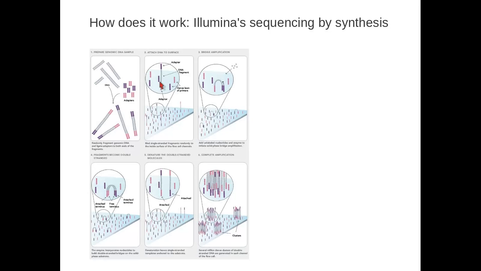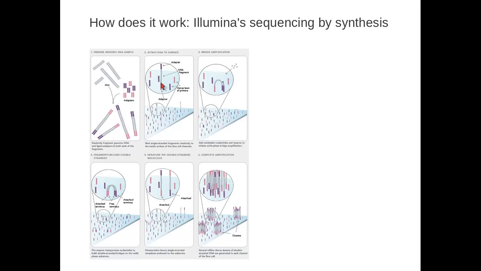So maybe one spot's a green. Green was bound to, say, the nucleotide adenine, and so we know at that position there's an adenine at the first position. So then we remove any unbound nucleotide. We then essentially wash the flow cell again during the second cycle.